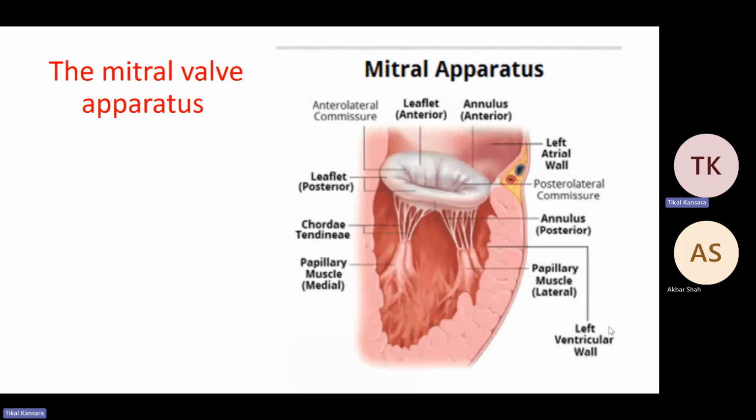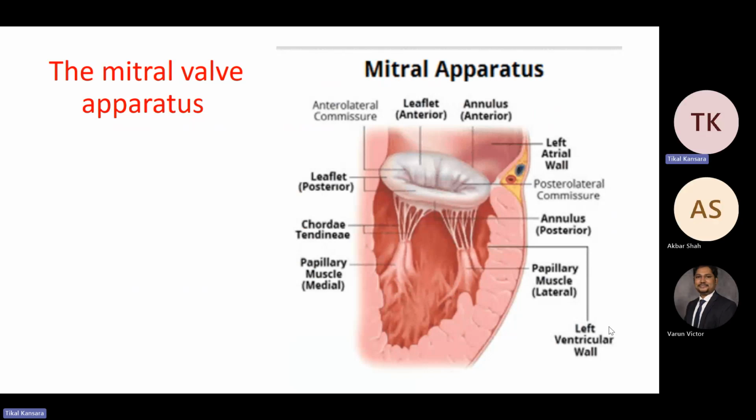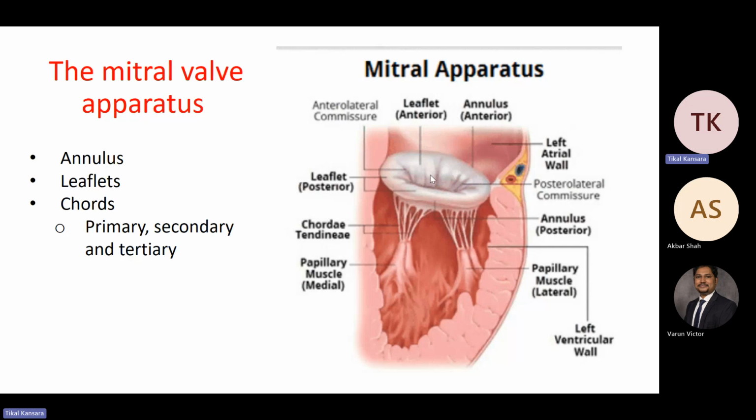Today's topic of discussion is mitral regurgitation diagnosis and management. First of all, don't think of the mitral valve as just 2 leaflets coapting with each other. This is the very famous figure in the New England Journal of Medicine almost 25 years ago, which describes the mitral valve functionally as the mitral valve apparatus, which includes the annulus, surrounding the leaflets, which are 2, anterior and posterior, the chordae, which are primary, secondary, and tertiary.